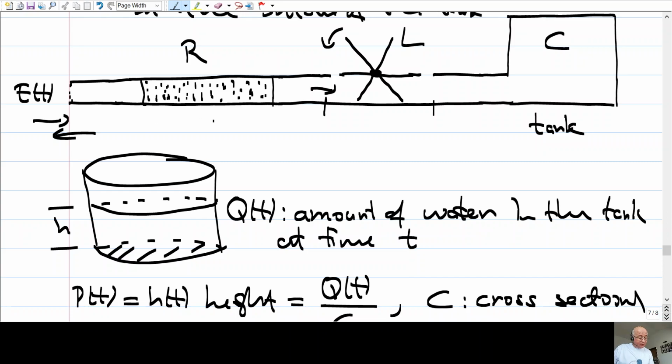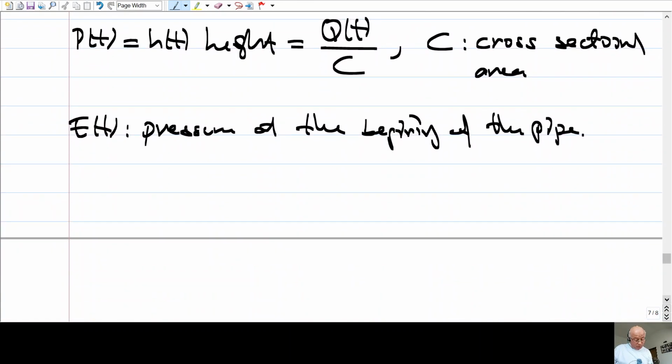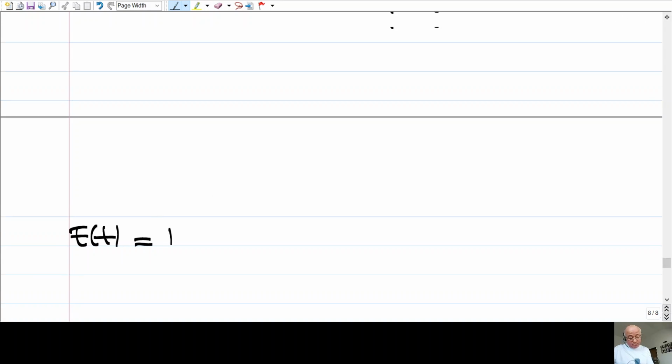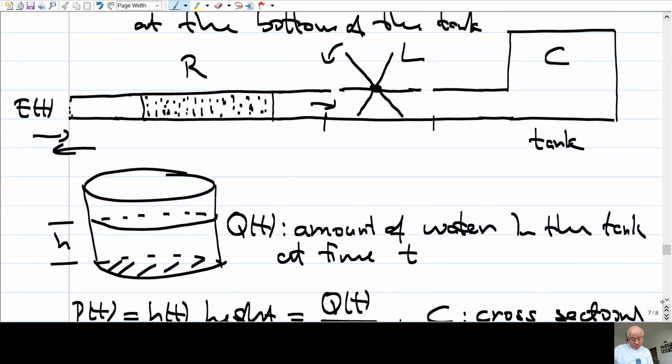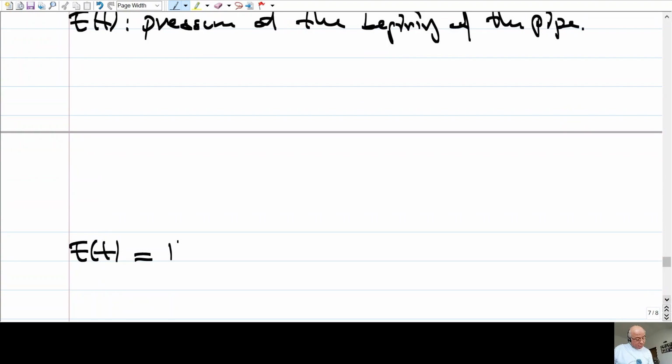The pressure difference here, the pressure difference here, and the pressure difference here. And that will be what? We are R, and I is again the current.